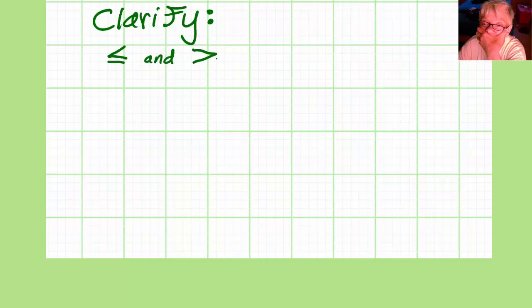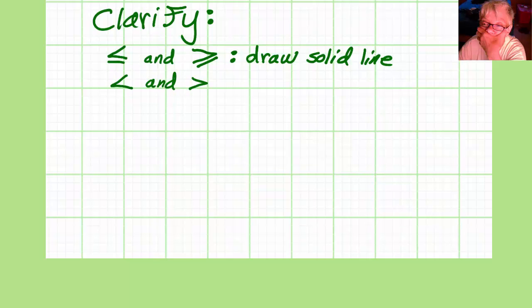Less than or equal to and greater than or equal to both give a solid line called the boundary. Strict inequalities, strictly less than and strictly greater than, give a dashed line.